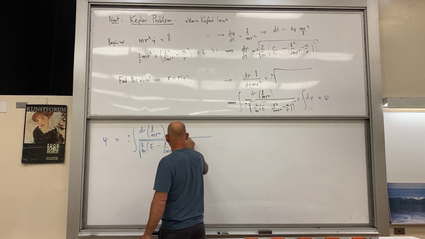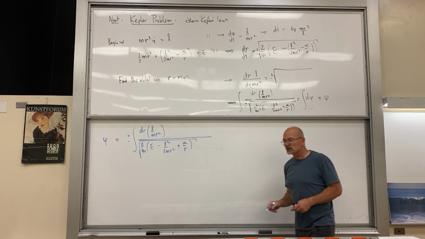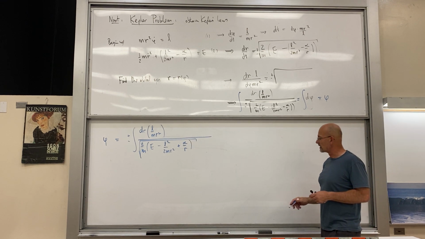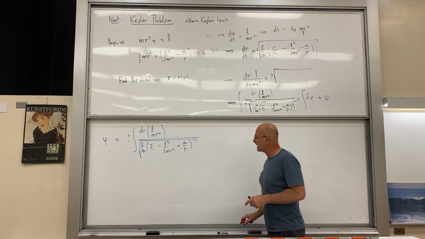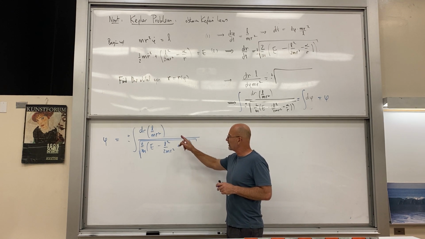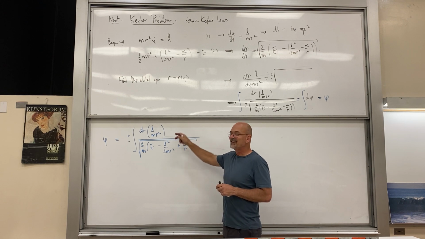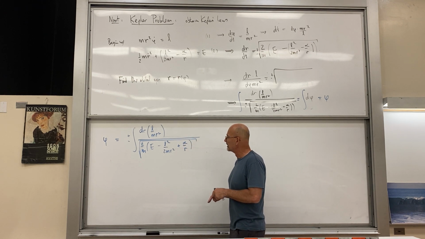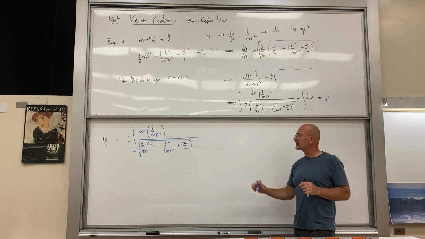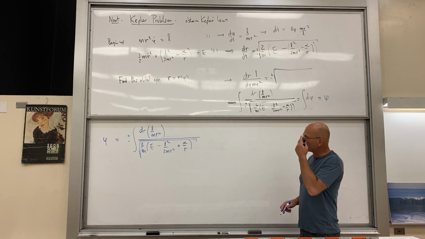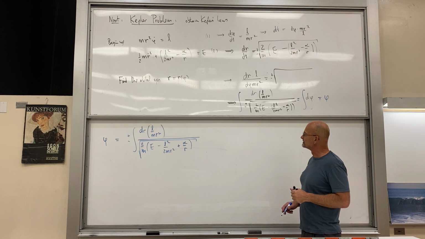So this is the integral that has to be solved to solve the Kepler problem. A couple of substitutions and you have an inverse cosine. I want everybody to do this because it's good practice, and then you can actually say you've done this problem.